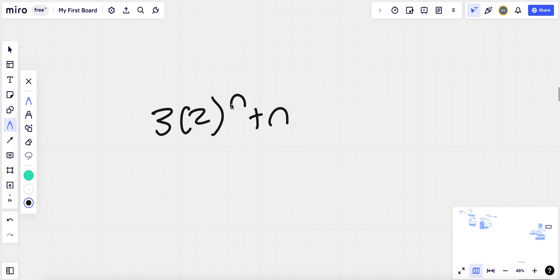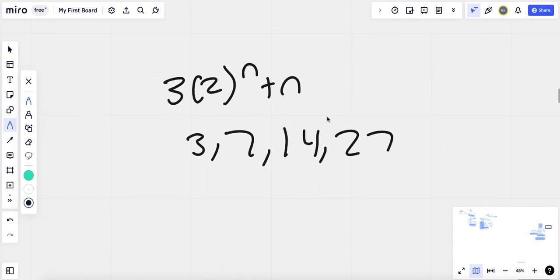So if n is 0, then, so I'm just writing out the terms. 0, 1, 2, 3 would be 27.